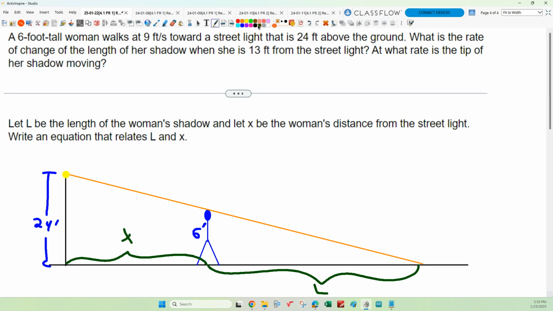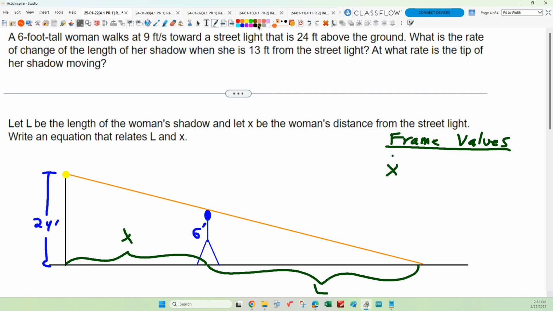Okay, what do we know? Frame values. Let's get some frame values. What would you say it was? X dot equals 9 and X equals 13.